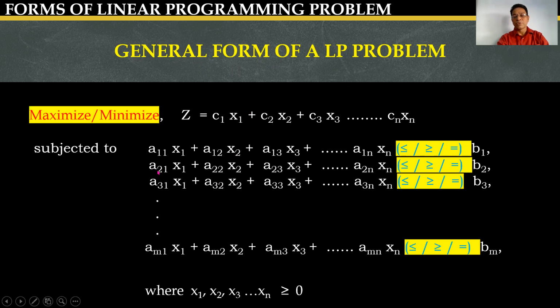Second constraint is A21 x1 plus A22 x2 and so on, and the last constraint will be Am1 x1 plus Am2 x2 and so on. And there can be inequality less than or equal to type or greater than or equal to type or equal to type, and the right hand side would be represented by b1, b2, b3. This is the general form of any LP problem.